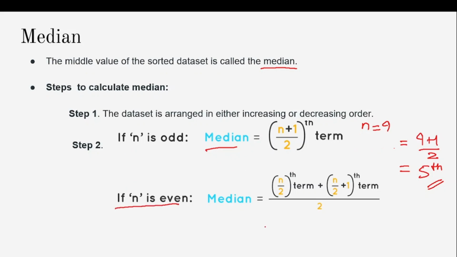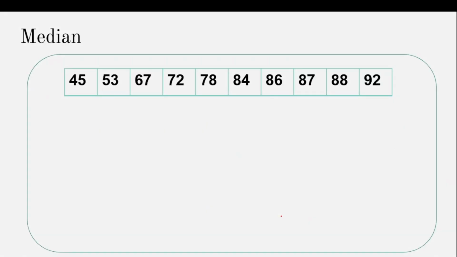But if n is even, I won't have any single middle term, right? So in this case, I take the average of the middle two terms as the median. Let us see this with the help of an example. Again, I have a distribution of marks obtained by different students in an examination. As per the steps we have seen, firstly, we need to sort the dataset. My dataset is already sorted, so I need not sort it again. Then I count the total number of elements, which is 10, an even number.